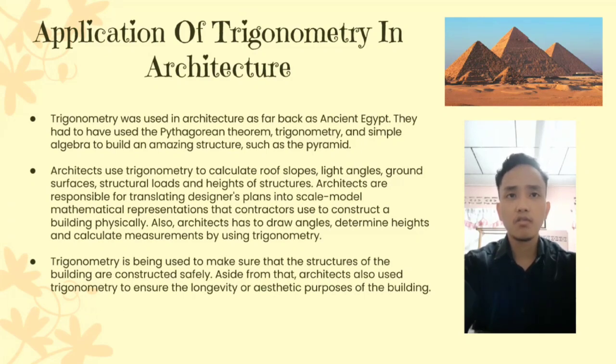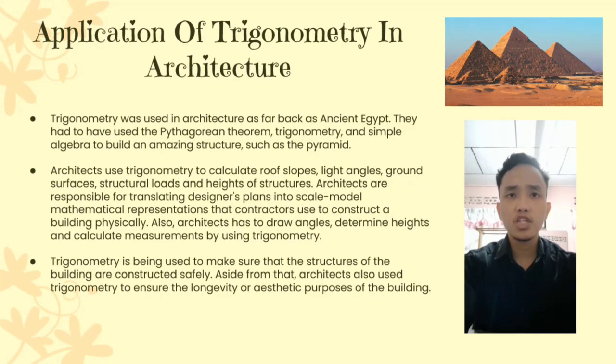Architects are responsible for translating designer plans into scale model mathematical representations that contractors use to construct a building physically. Also, architects have to draw angles to determine height and calculate measurements by using trigonometry.